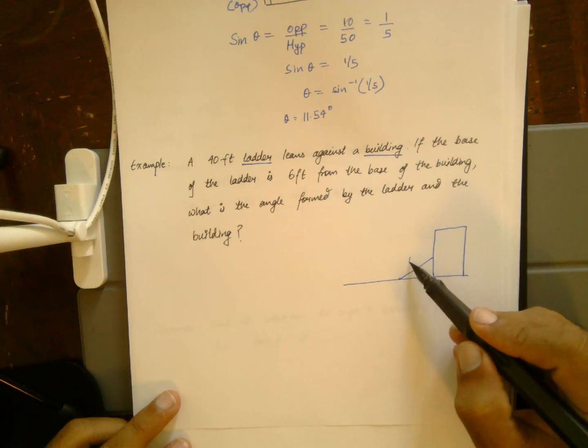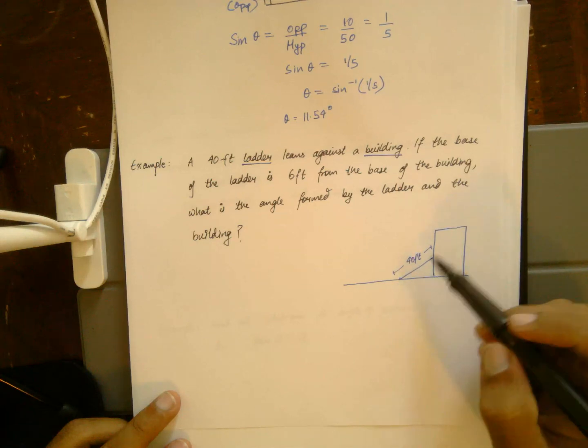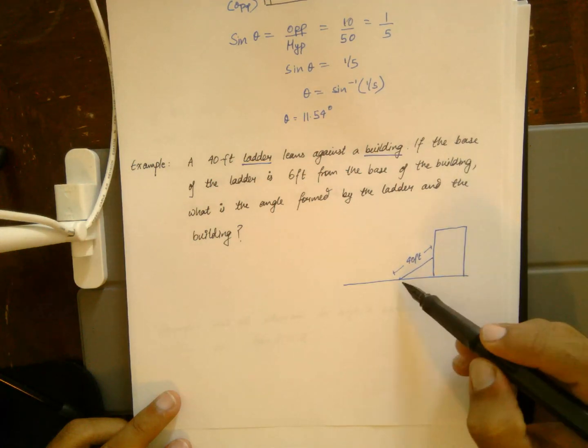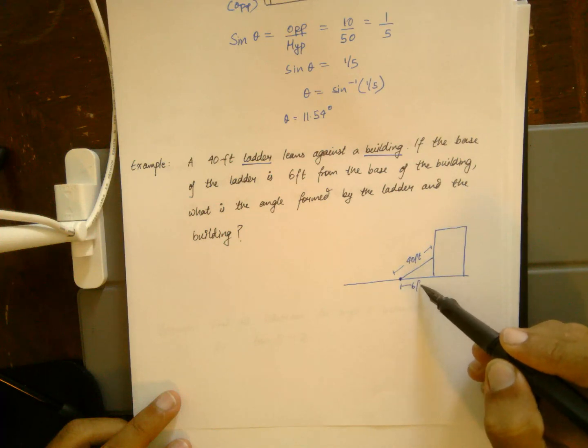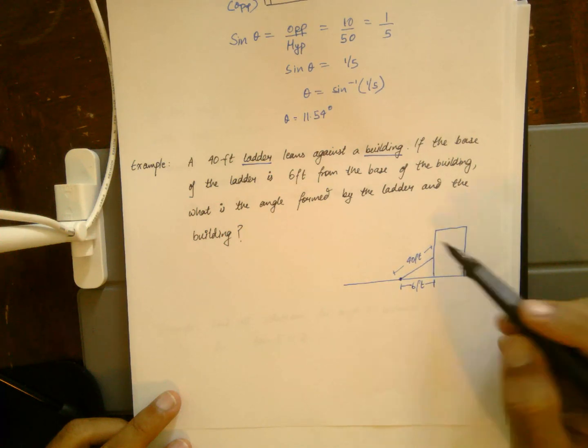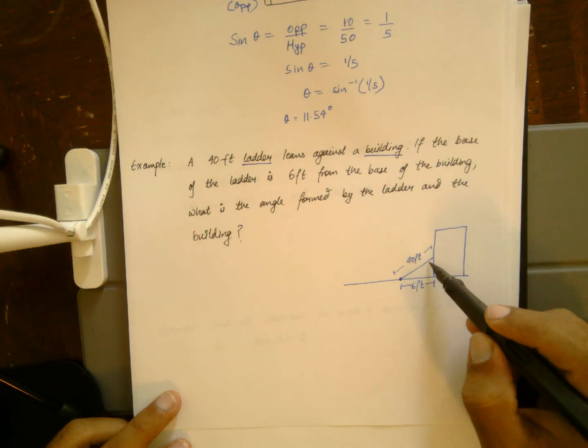The ladder is 40 feet in length. If the base of the ladder is 6 feet from the base of the building, what is the angle formed by the ladder and the building? They are asking for this angle, theta.